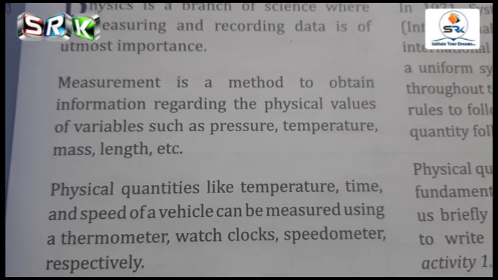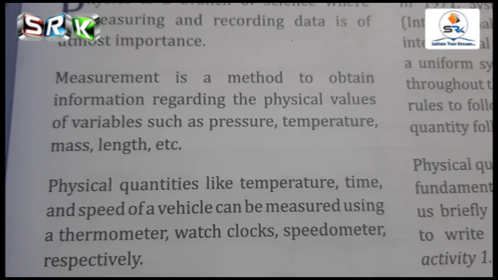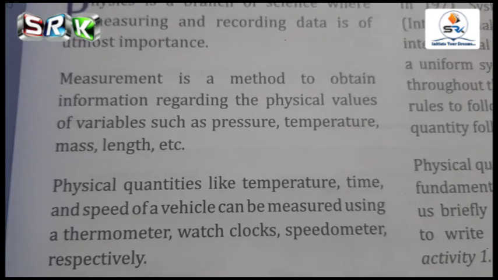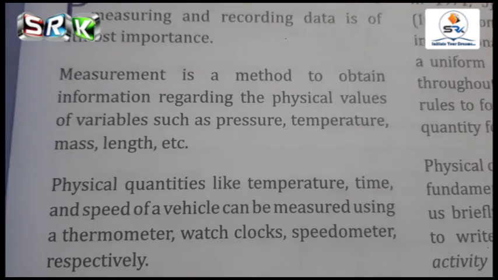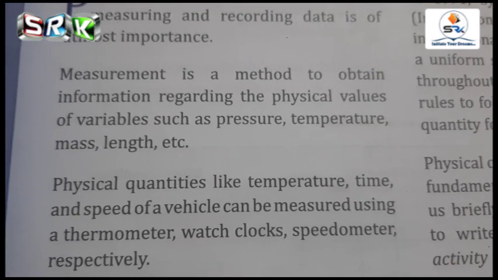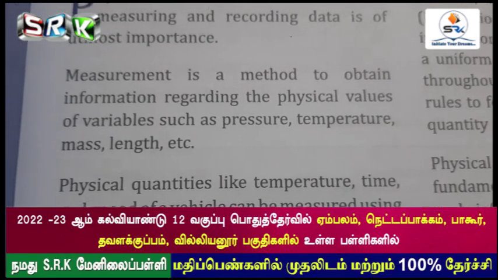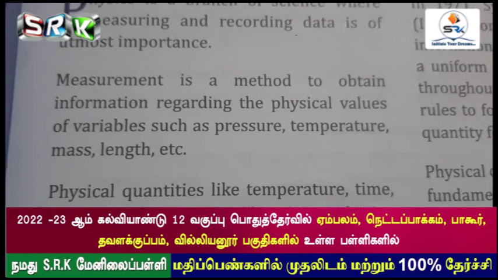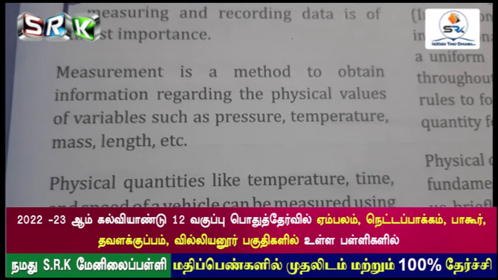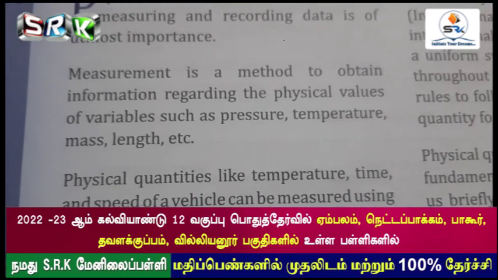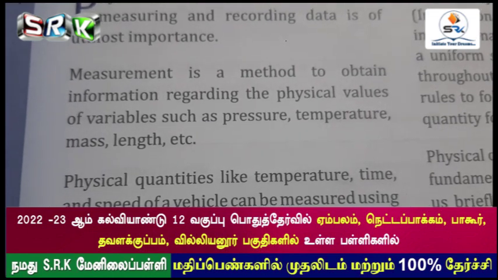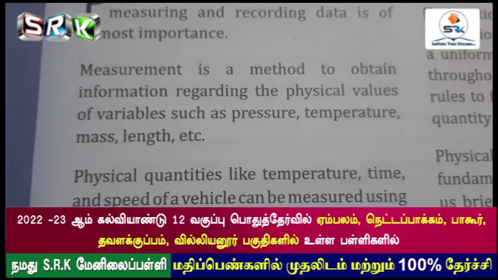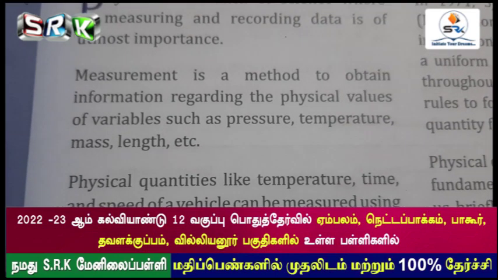A clock measures time, and a speedometer in a bike shows the speed of the bike. So physical quantities are recorded using these instruments.